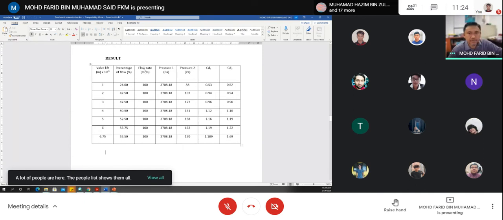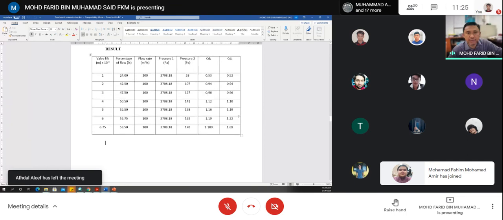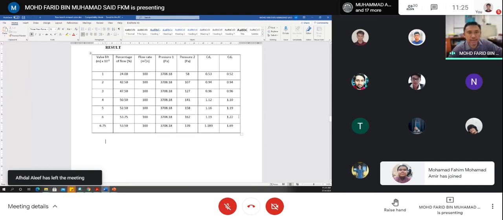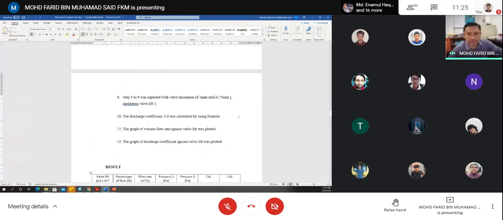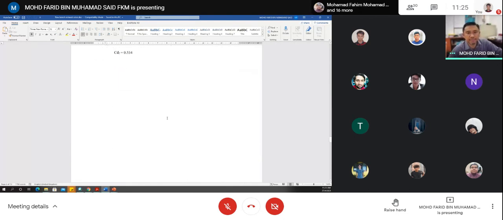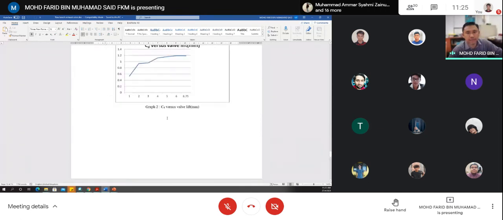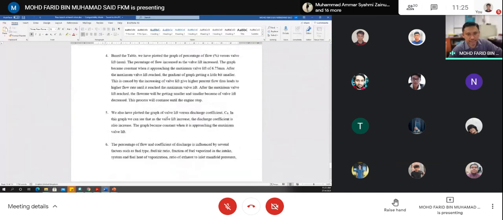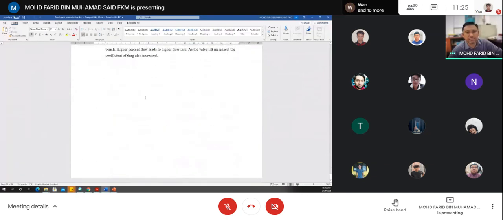So the result, the raw data, I will give it to you, but the main result you will calculate based on the equation that you put in your methodology. This is a sample of calculation, and then you have to plot the graph, write the discussion, and complete with the conclusion and some references.